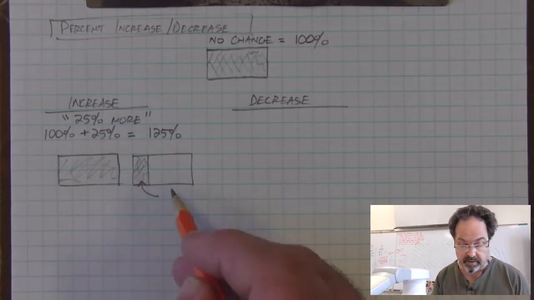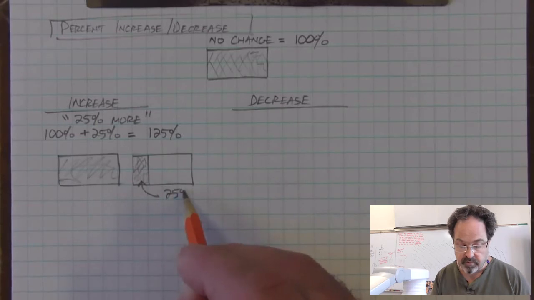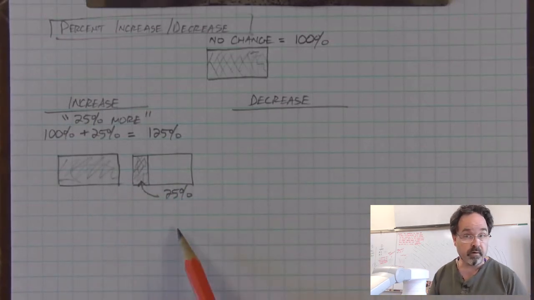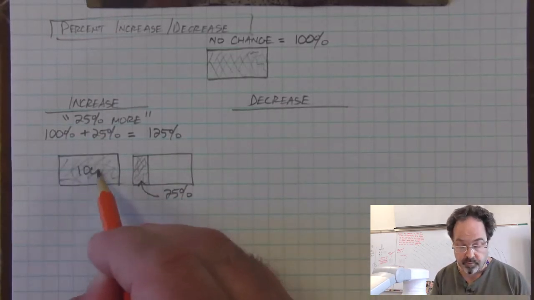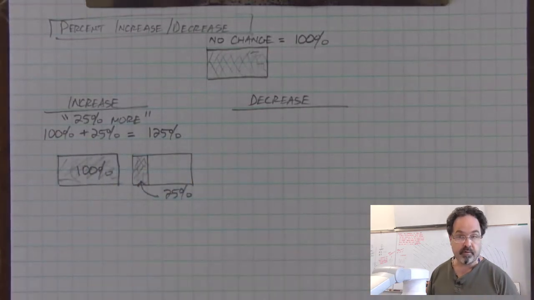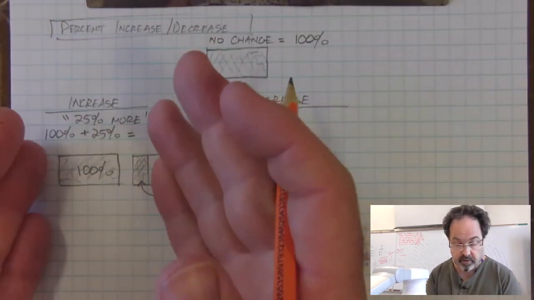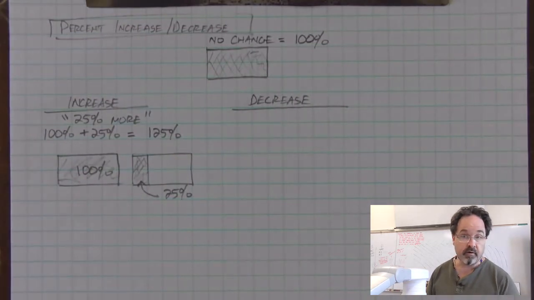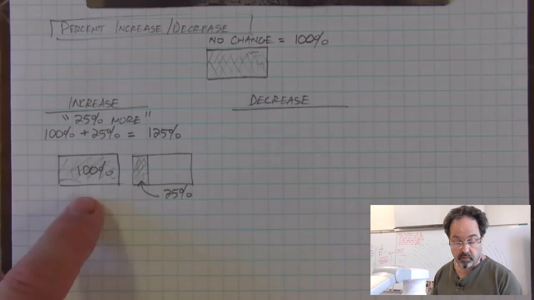This amount would be the increase, 25% more. And the original would be the 100% that we started with. So the shaded area that is combined is 125% of the original 100% start.